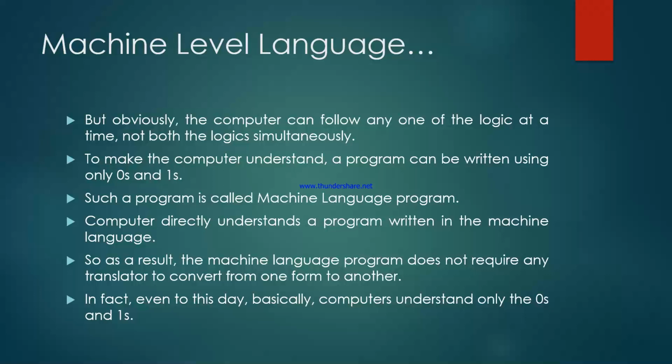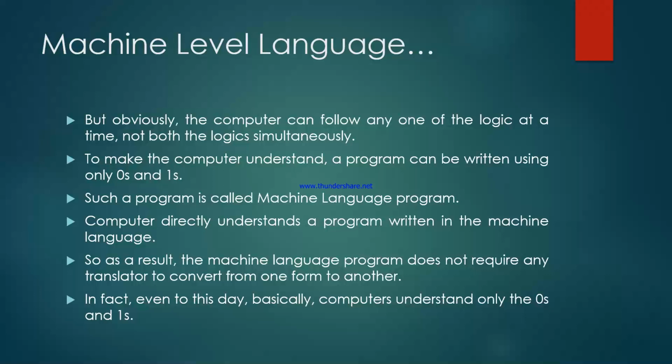So to make the computer understand, a program can be written using only zeros and ones. Such a program is called a machine level language program. The computer directly understands a program written in machine level language.